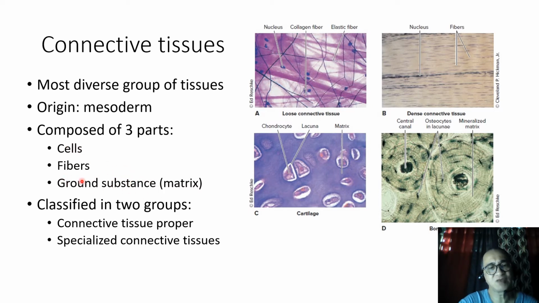So this is an embedding, amorphous and most often semi-gelatinous material, which forms the matrix of most connective tissues.